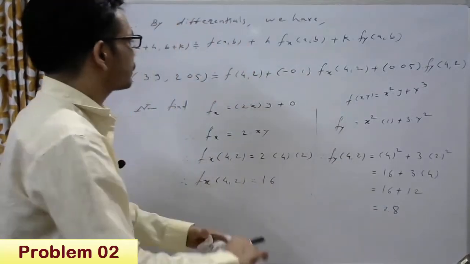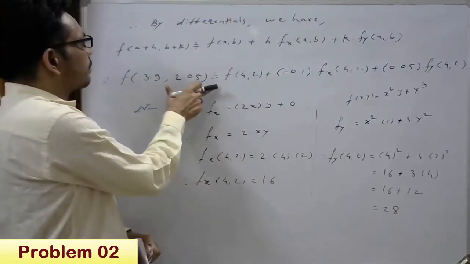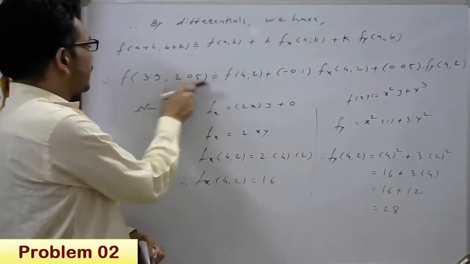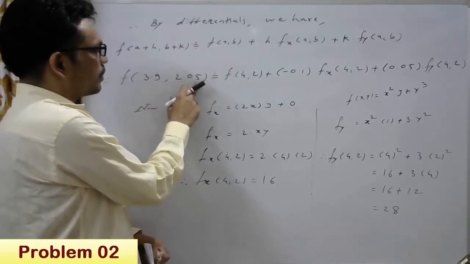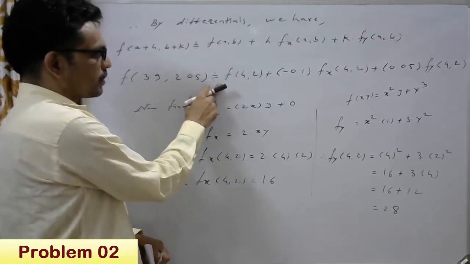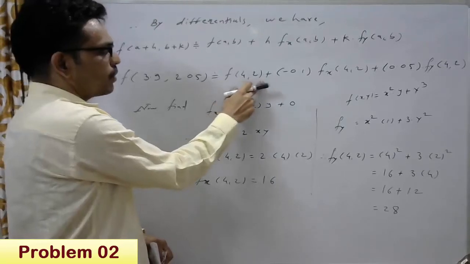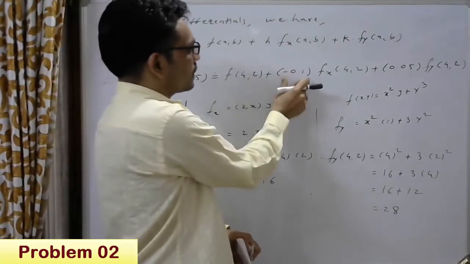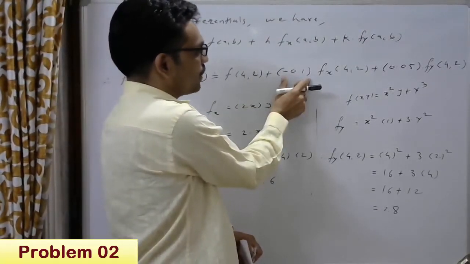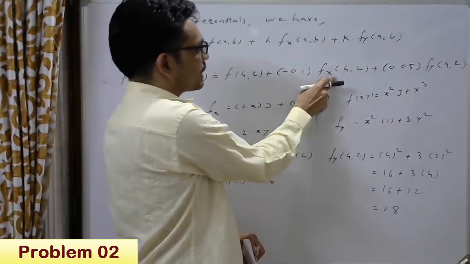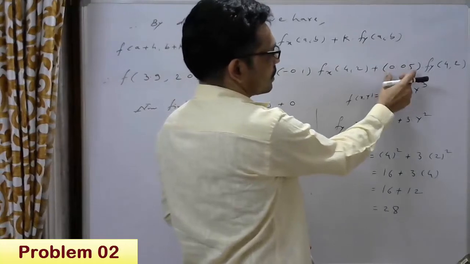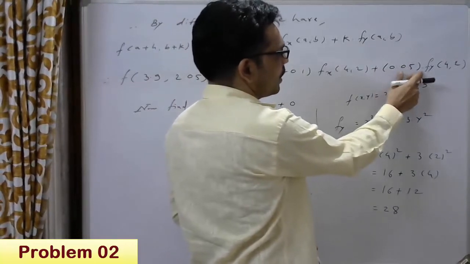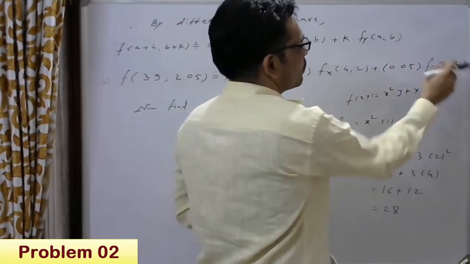Therefore, by using the differential, we write f(3.9, 2.05) is approximately equal to f(4, 2) plus the value of h, that is minus 0.1, into f_x at (4, 2), plus the value of k, 0.05, into f_y at (4, 2).